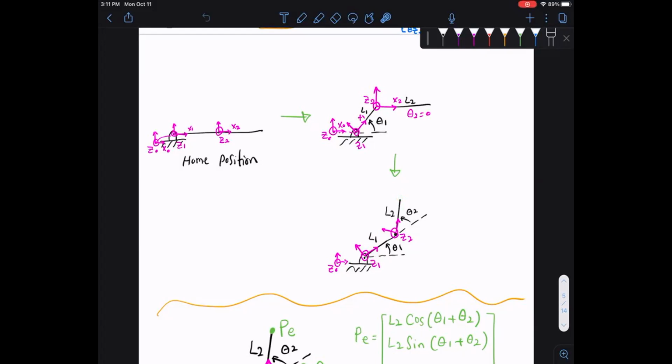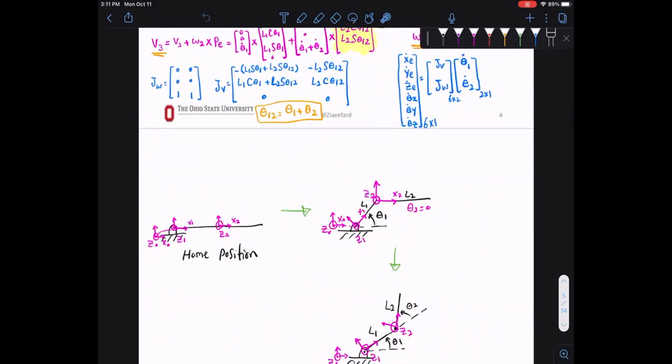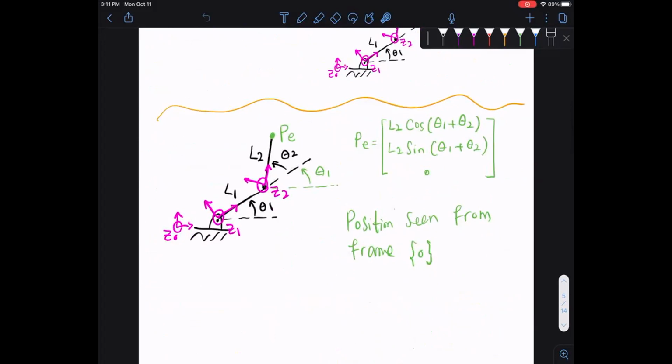Agreed? So now for the previous example, for example in velocity propagation, if you remember, propagation is when we go from one frame to another. If I'm on frame 1 and I'm going to this frame, I want to find PE. PE moved because L2, which is connected to the second joint, moved. Now, if I want to find PE as seen in frame 0, not expressed in frame 0, it is L2, this length, because that's how much it moved.